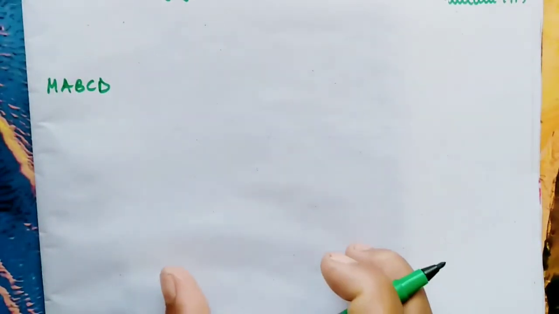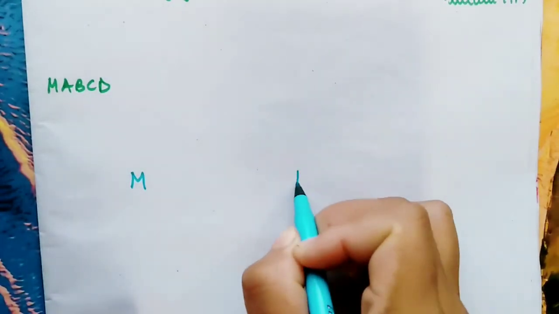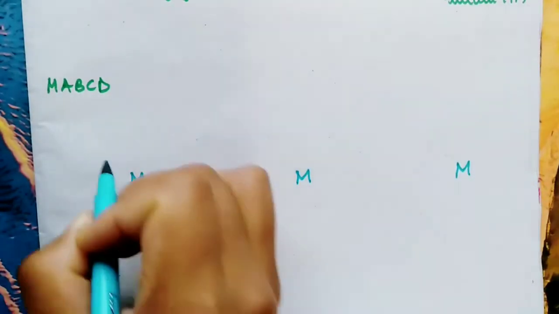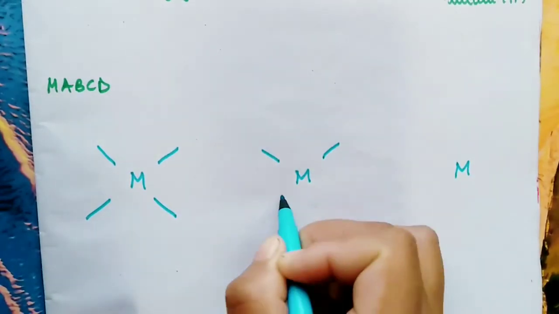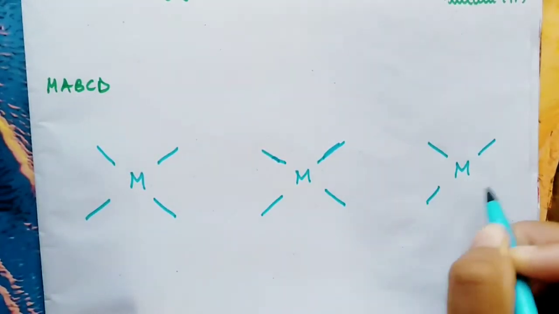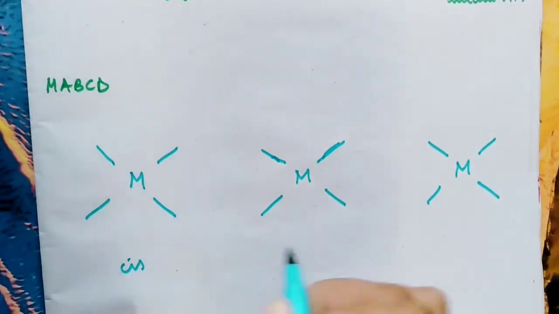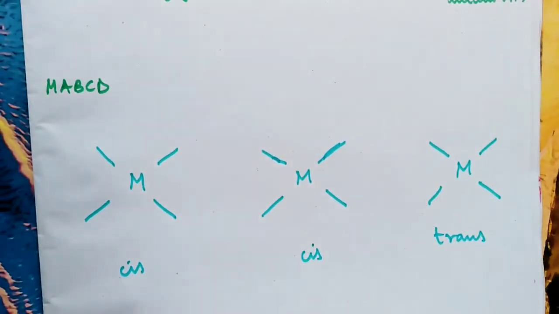We have 2 cis and 1 trans. This is your central metal atom. Okay, so we have 4 coordinate bonds. Cis, and your trans.